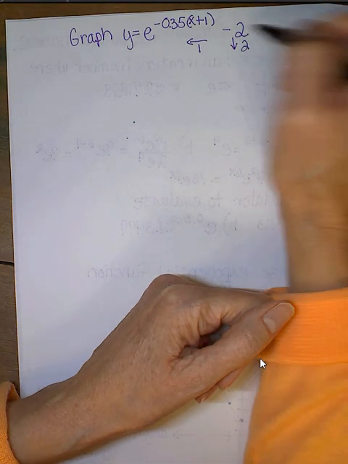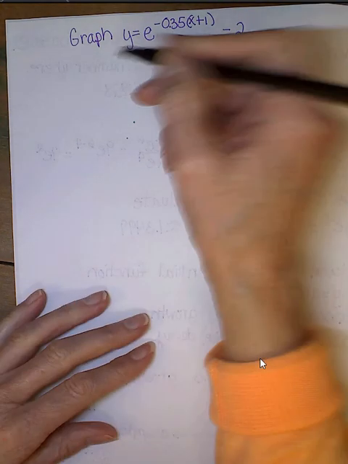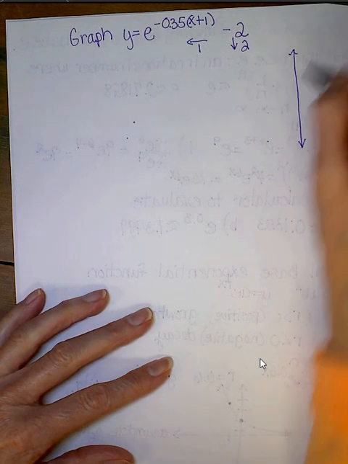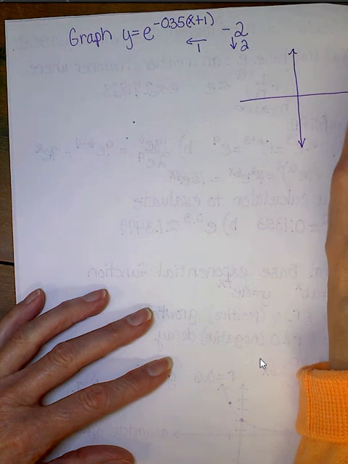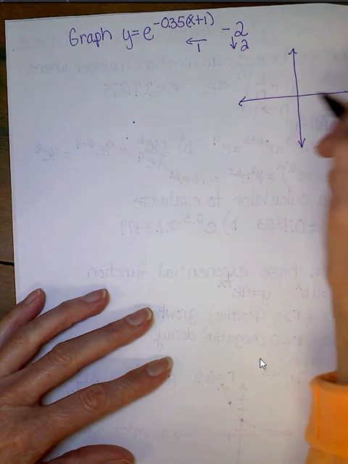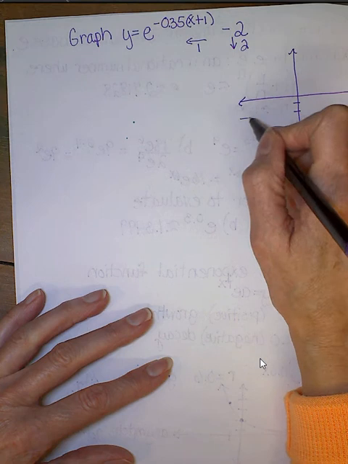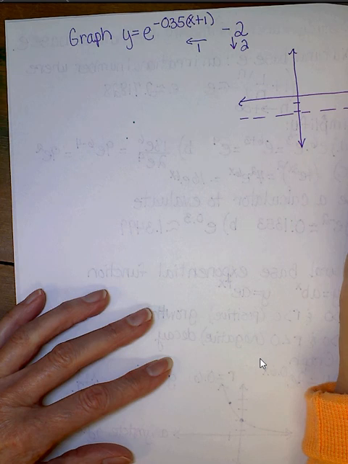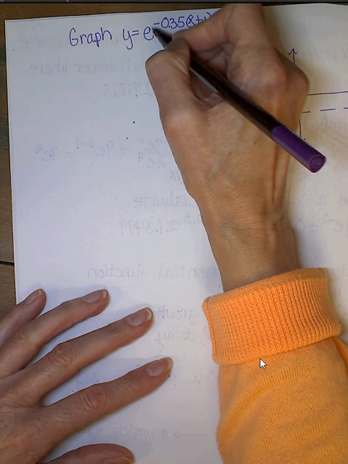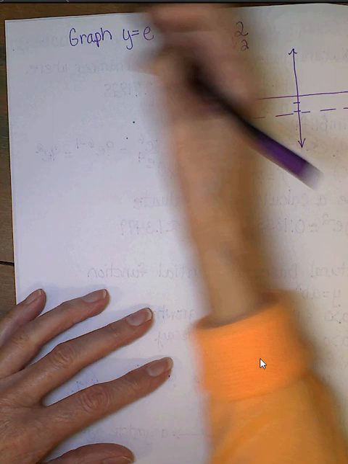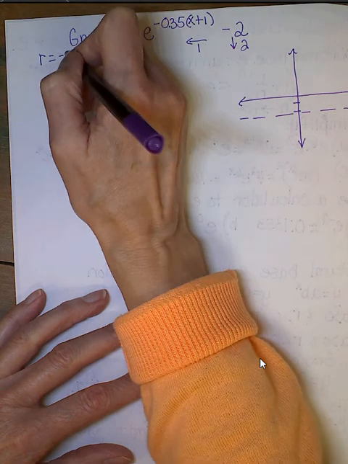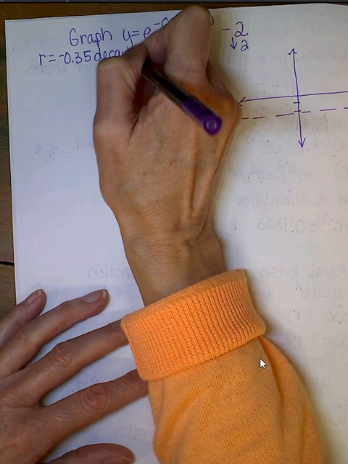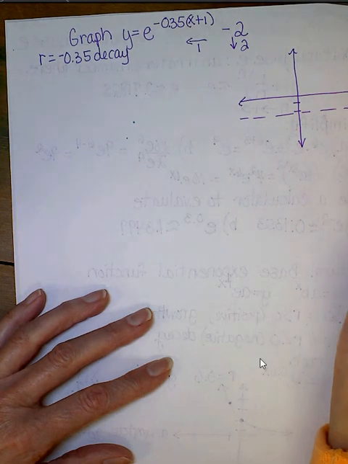We're most interested in this down 2, because remember, that will move our asymptote down 2. So I like to go ahead and draw in that asymptote right away. Now this is the line that our graph will approach but won't cross. Another thing on this one is the R right here is negative. So we know this graph is going to show decay, so it should be decreasing instead of increasing.